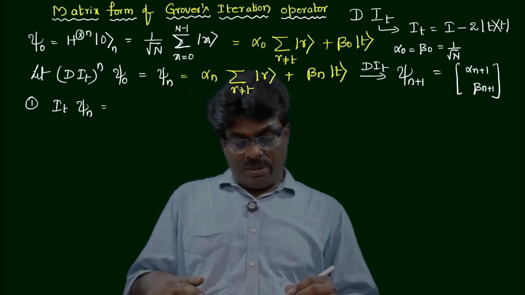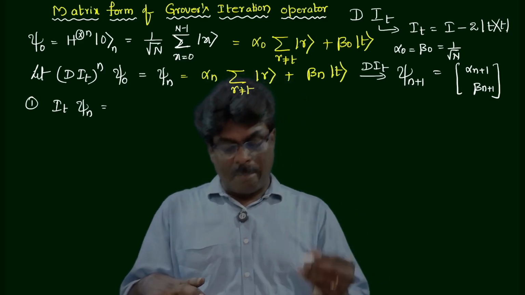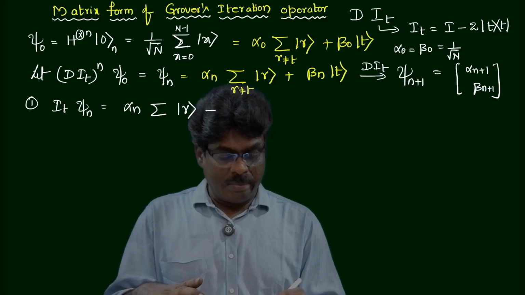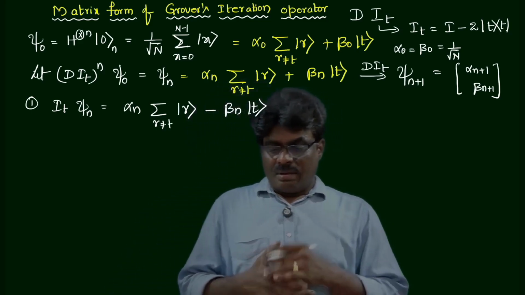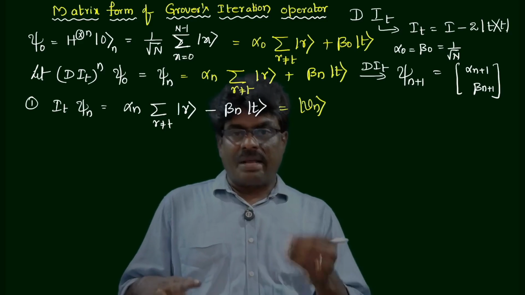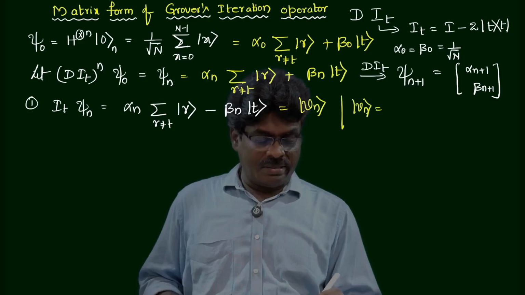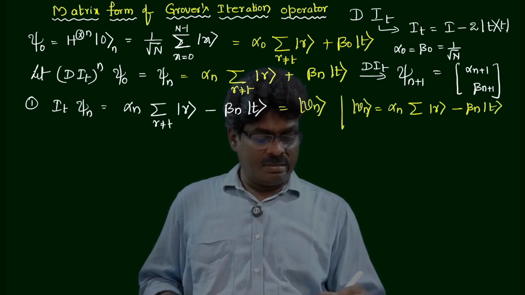You already know what psi n is here. The amplitude is plus, now it will become minus. So that is alpha n for the remaining states, minus beta n for the target. Okay, fine. Now I am assuming this is equal to V n. For algebra purposes, I have taken this. And don't forget, here V n is nothing but alpha n summation minus beta n target.